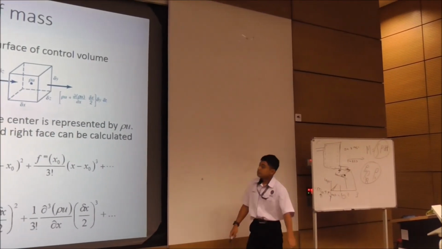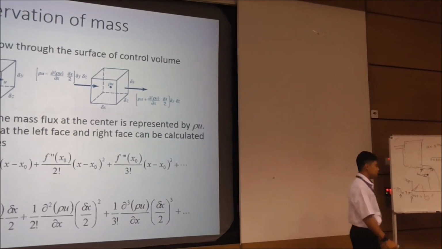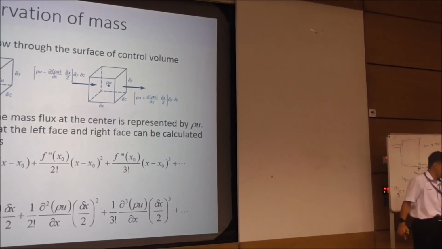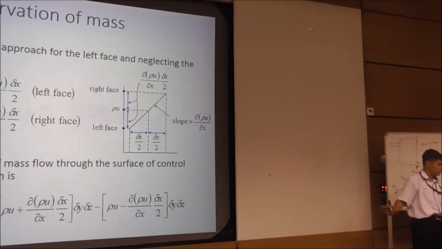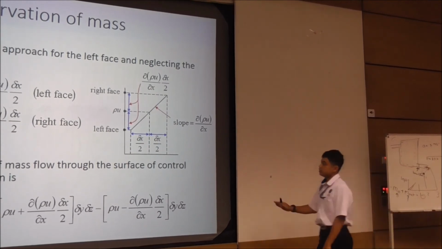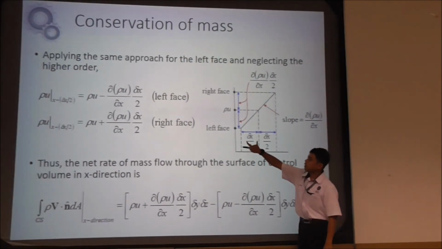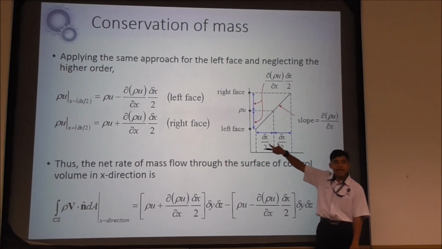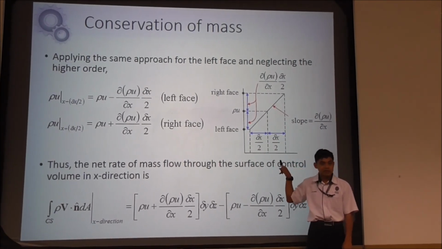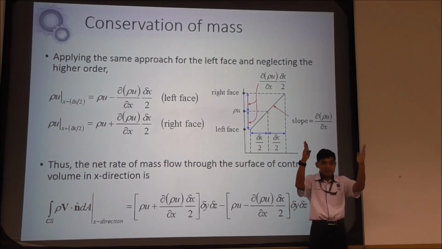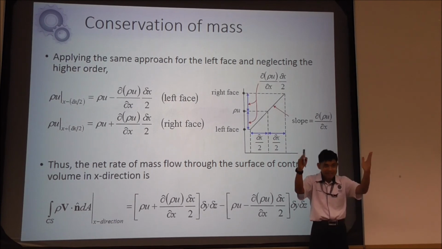That is basically what you get by using the Taylor series. When you are doing this Taylor series, the distance between both is dx over 2. Why dx over 2? Because your side is dx.